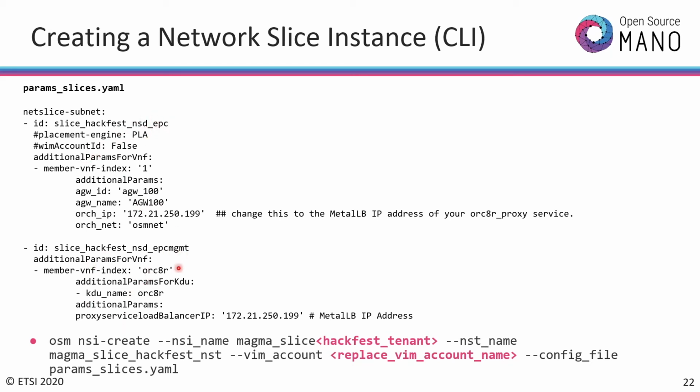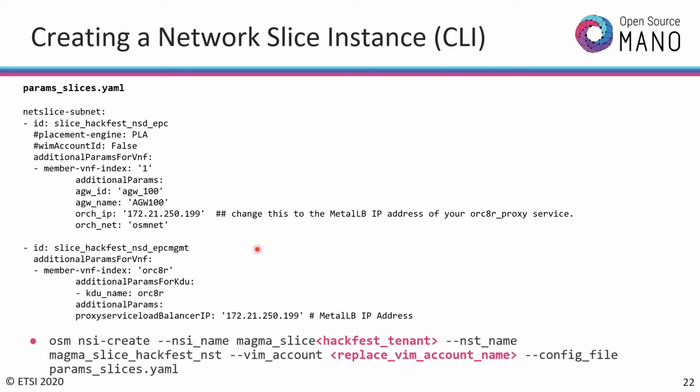Also in the case of the orchestrator, we want to enforce parameters for the deployment of the Helm chart, which is a proxy service load balancer IP that we want to change in order to connect both together when I trigger a slice.